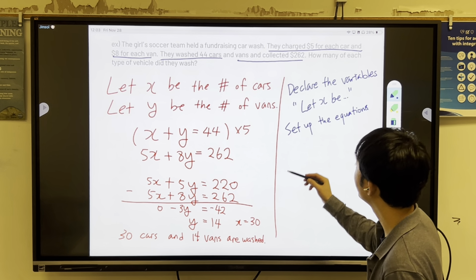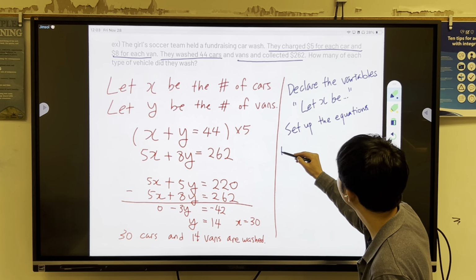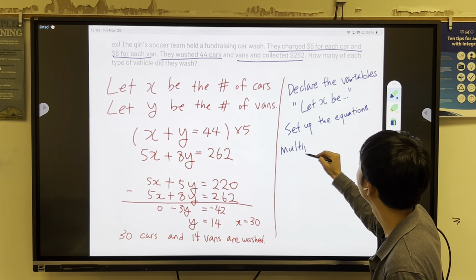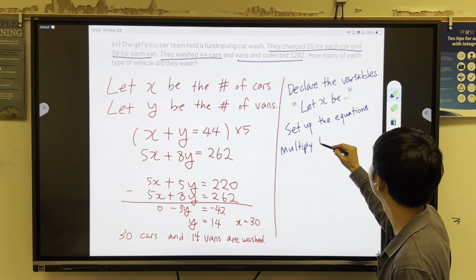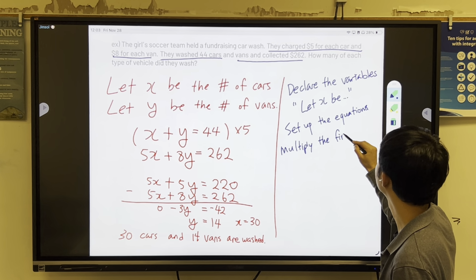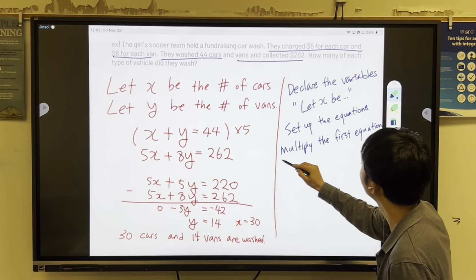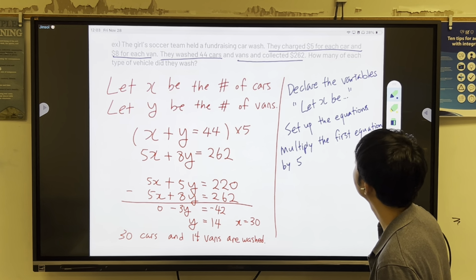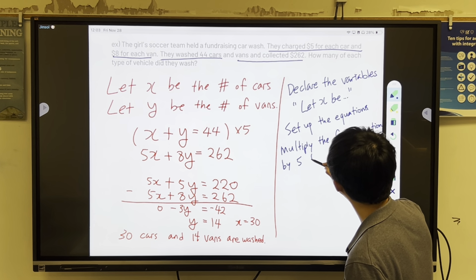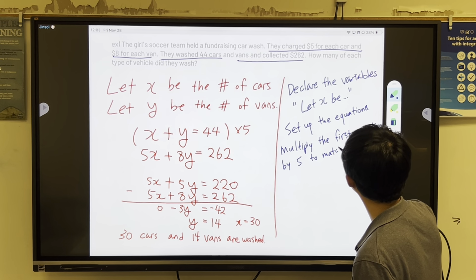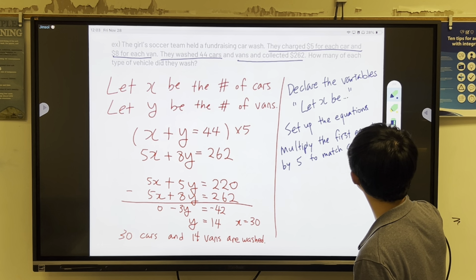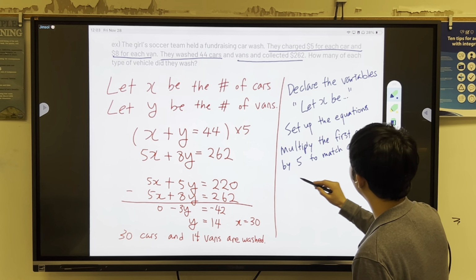Afterwards, I solve the equations using elimination. So I multiply the first equation by 5 to match the coefficient of x.